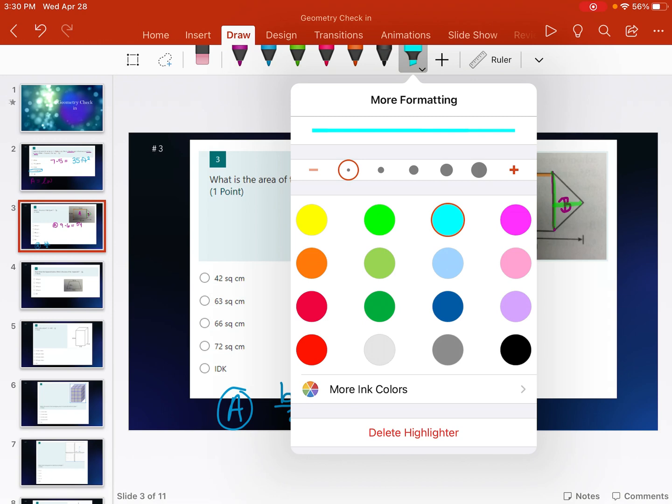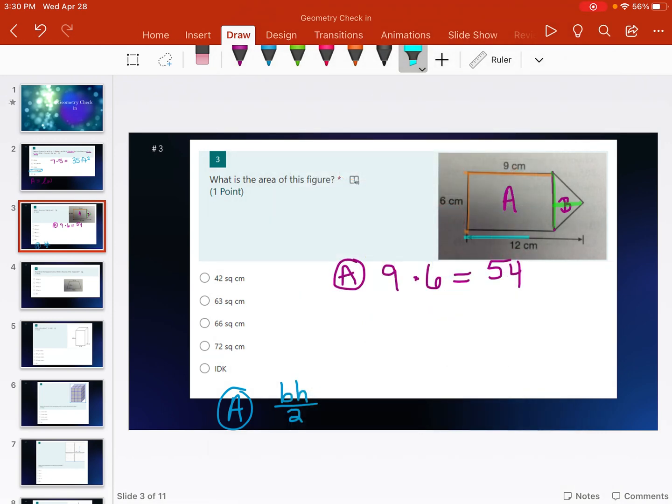So the way I would figure this out is I'm going to see this whole size of the entire shape from here all the way up to the other end is 12 centimeters. And I know that from here to here, that's 9 centimeters. The whole thing is 12, so I can do 12 minus 9 to see what's left over for this piece. So that would be 3. So our base is this 6 right here, and our height here is a 3.